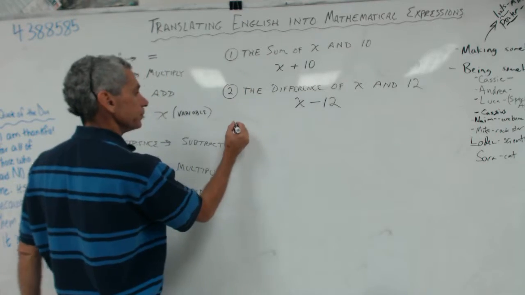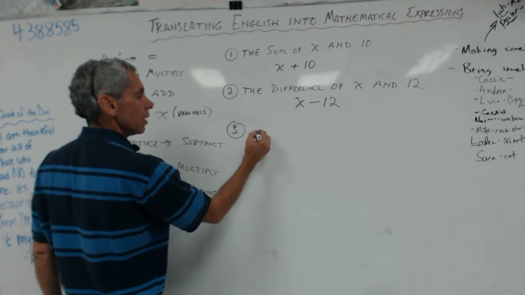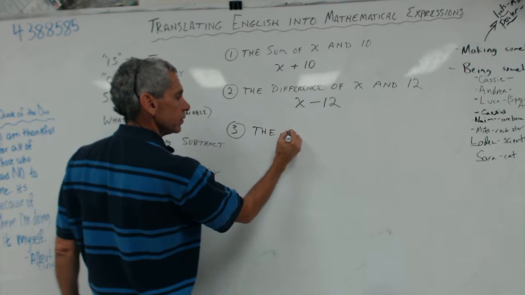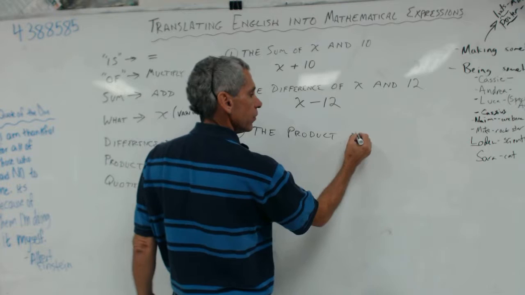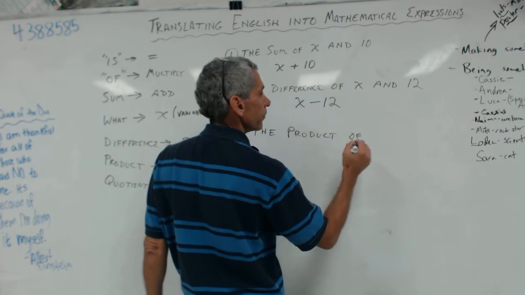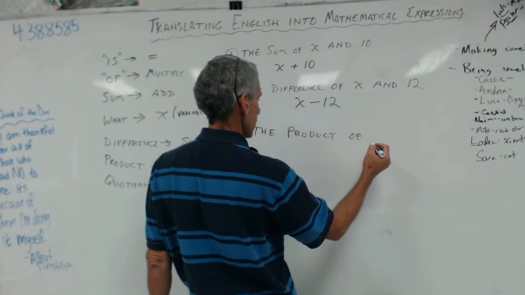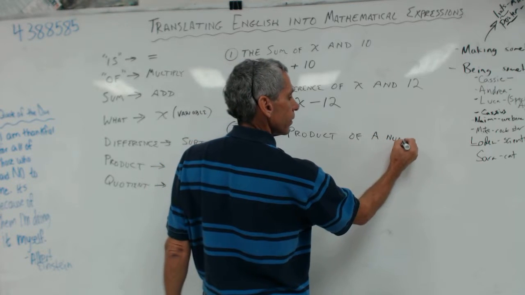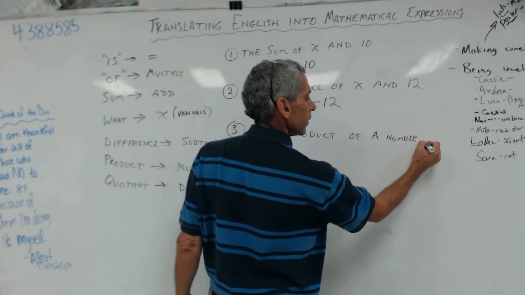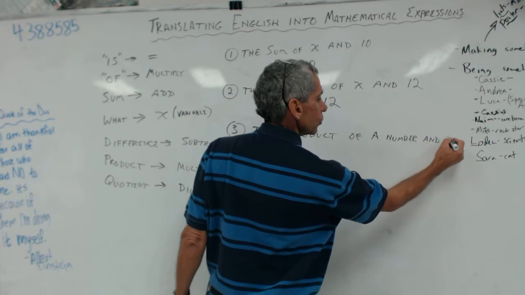Okay, what about this one? The product of a number and 2.